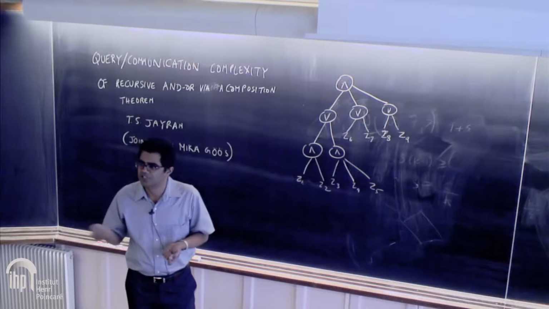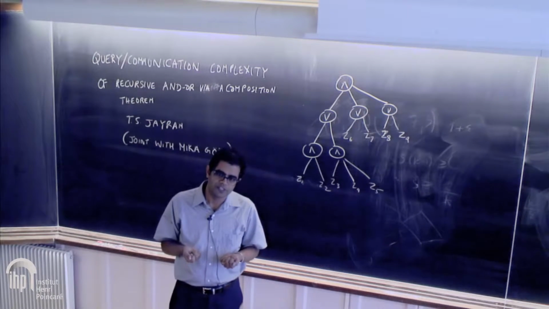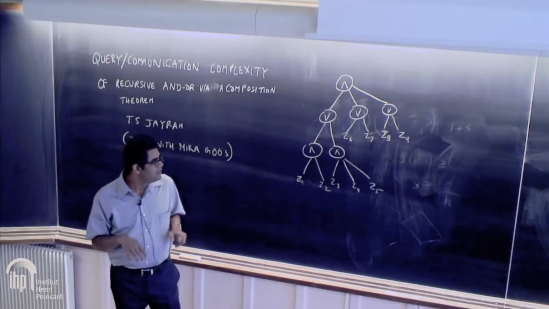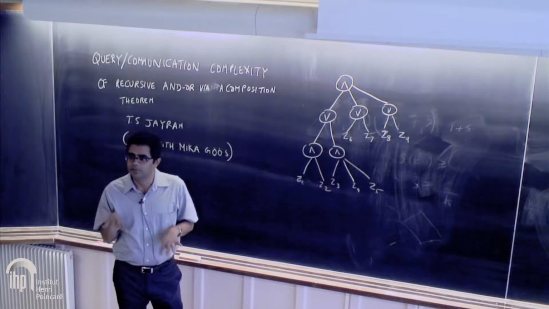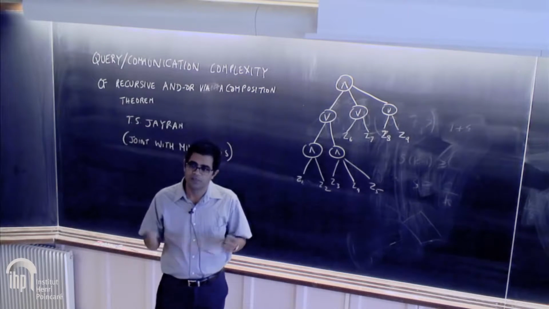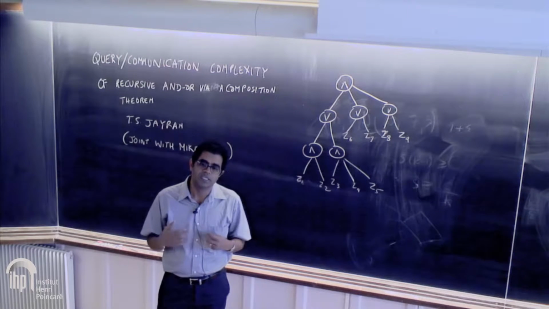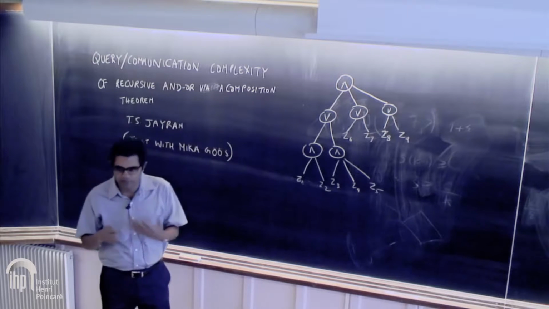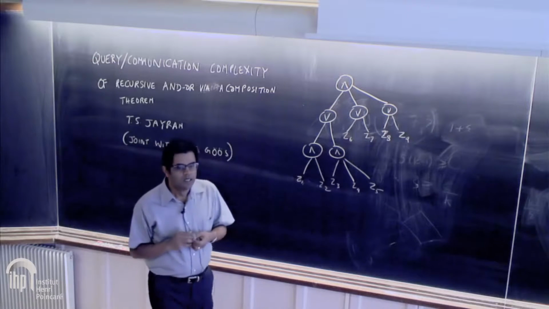It's basically a decision tree in order to be able to output the value of the function. And when I say communication complexity, I mean some arbitrary way of partitioning the leaf variables, some to Alice and some to Bob, and then what's the minimum number of bits required to compute the function under this partition. So I'm looking for the worst case partition.